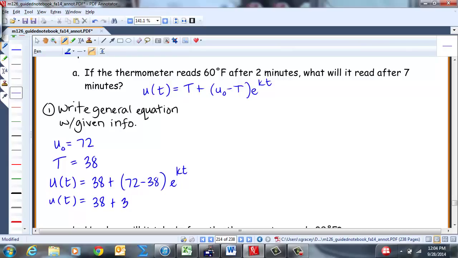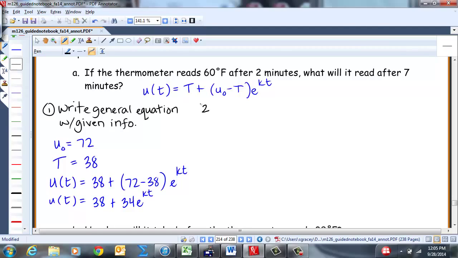So this will be 38 plus 34 times e to the kt. Now be careful. Remember that multiplication comes before addition, so you cannot do anything with that 38 plus 34 e to the kt. So that'll be the model we're using.